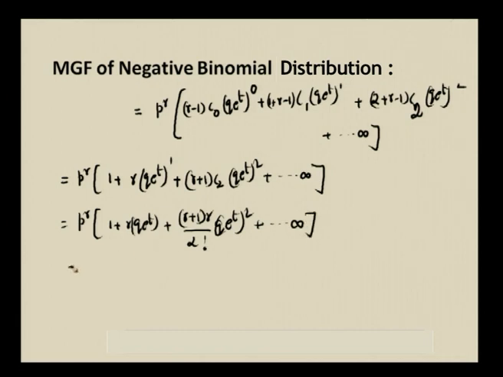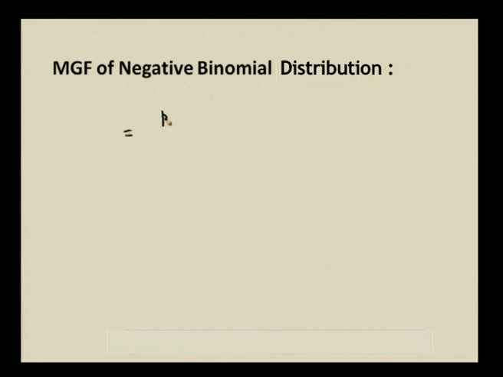This infinite sum gives you (1 − q e^t)^{−r}, which is equal to (p / (1 − q e^t))^r.